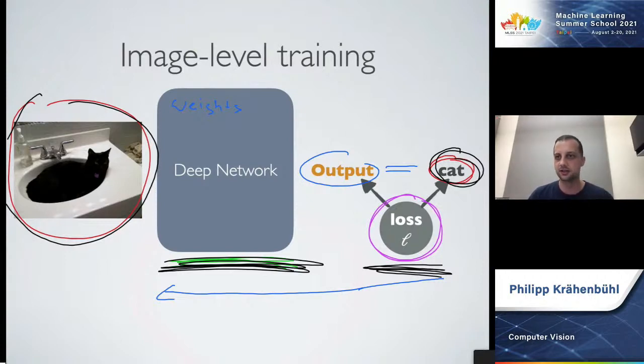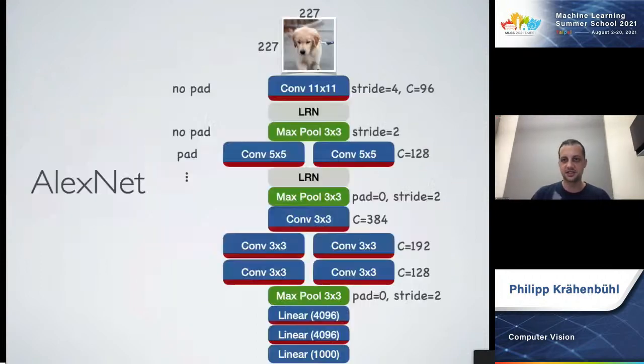The first thing we're going to look at is what networks people use to analyze these images. By far the most successful network, or the classical example of a successful deep network in computer vision, is AlexNet. It's by now almost 10 years old. It's a very interestingly engineered network.